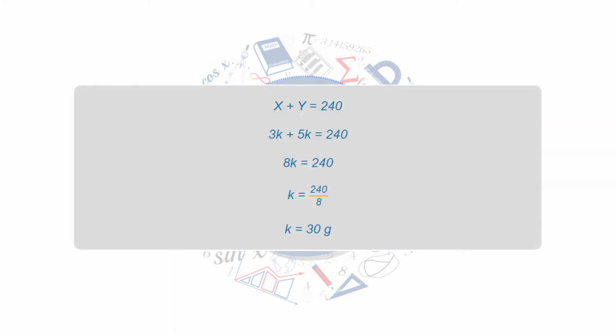A. First, we have to find how many grams from each substance were originally in the mixture. For this, we use the known procedure of expressing both quantities in terms of their GCF. Thus, since x equals 3k and y equals 5k, we have the following. Thus we obtain the following.